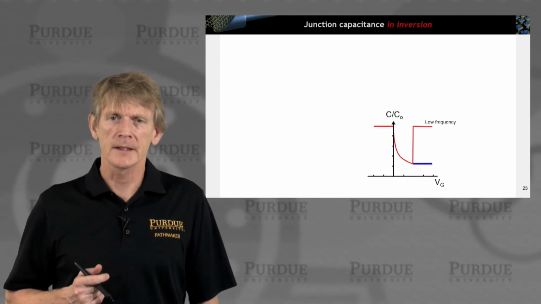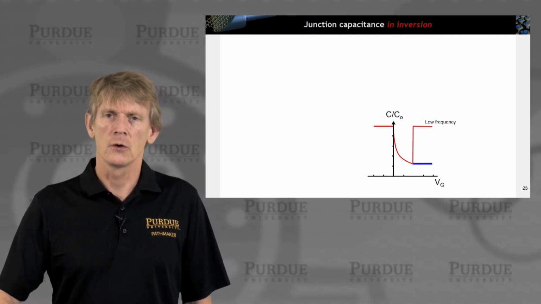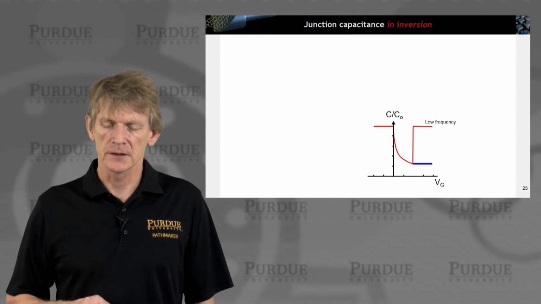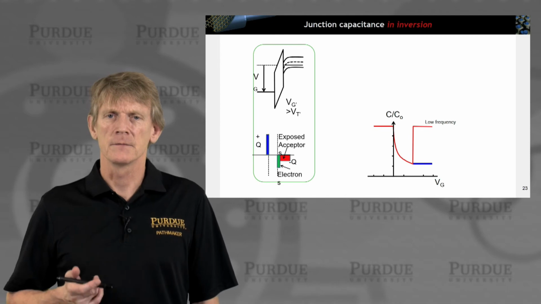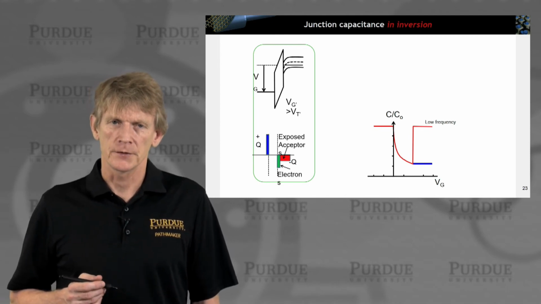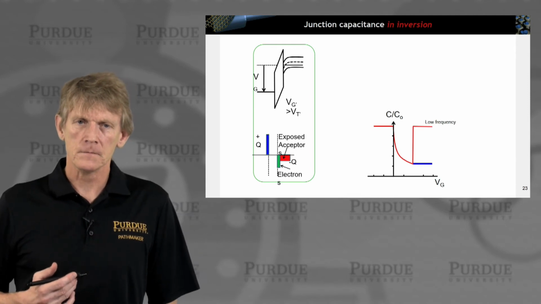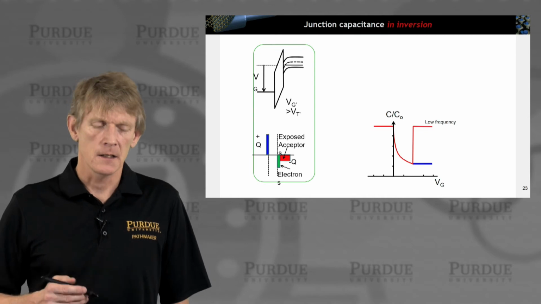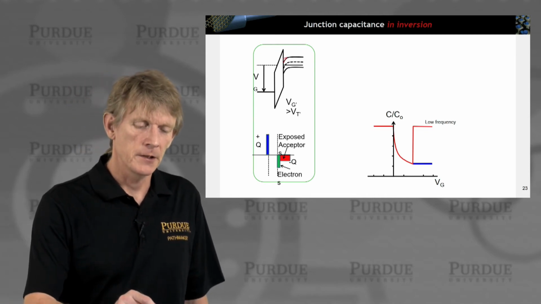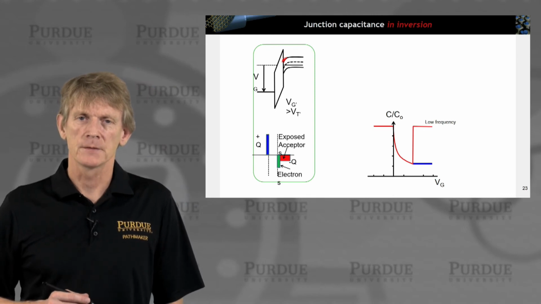All right, so now let's look at this capacitance in inversion. We're going to look at the low frequency first. There are 2 components, the low and the high frequency one, and let's look at the low frequency one first. Okay. At low frequency, we can generate electrons in the semiconductor here, minority carriers, due to generation through traps.